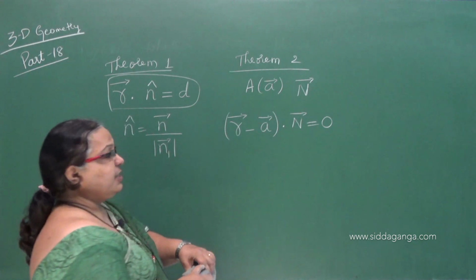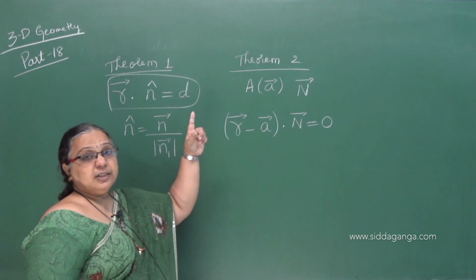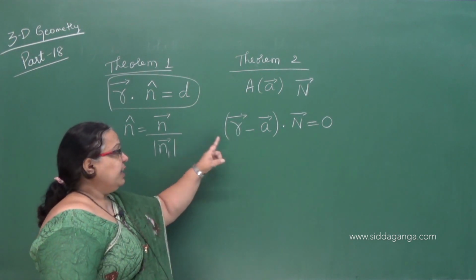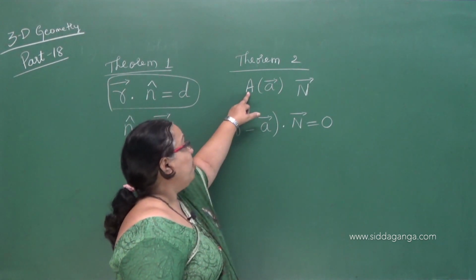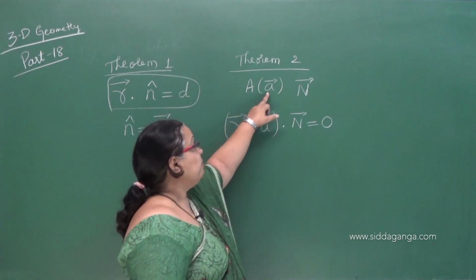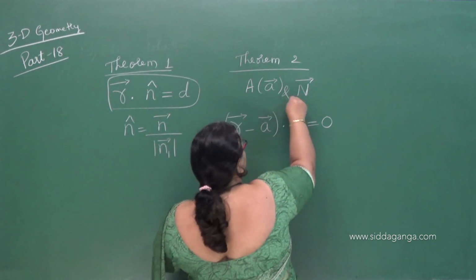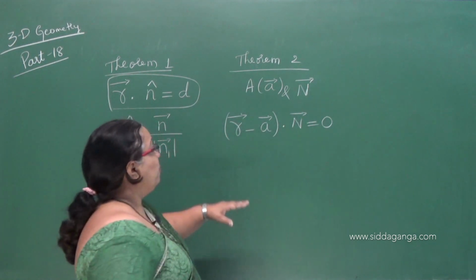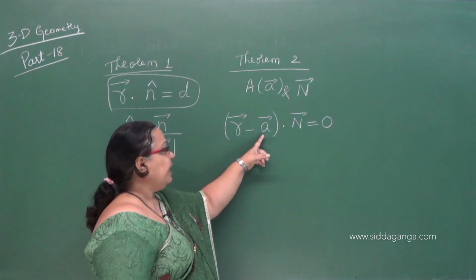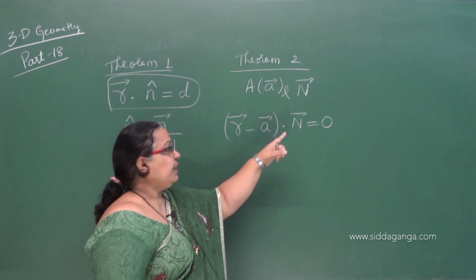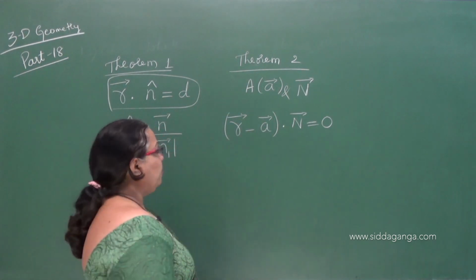So this is the equation of the plane according to the second theorem. Perpendicular vector andre n anta denote ಮಾಡ್ಕೊಳ್ತೀವಿ.